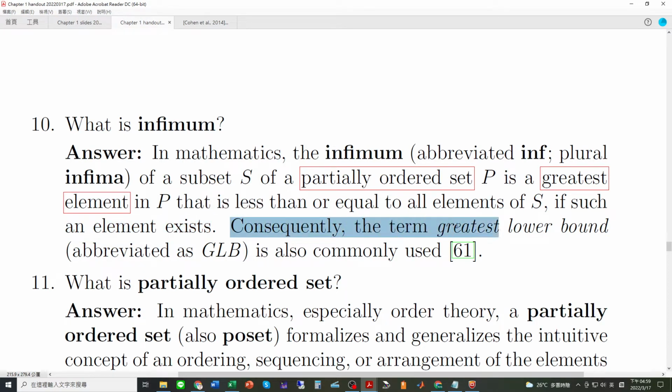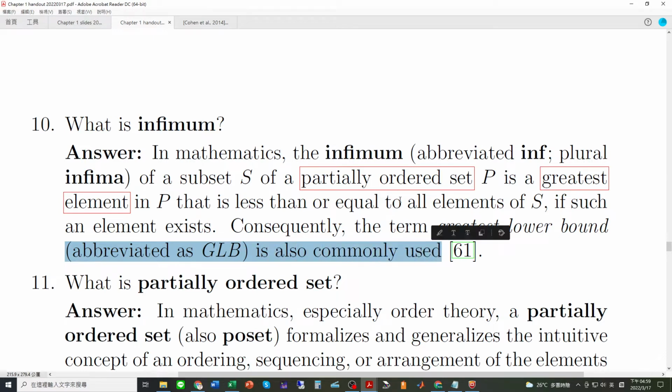Consequently, the term greatest lower bound, abbreviated as GLB, is also commonly used.